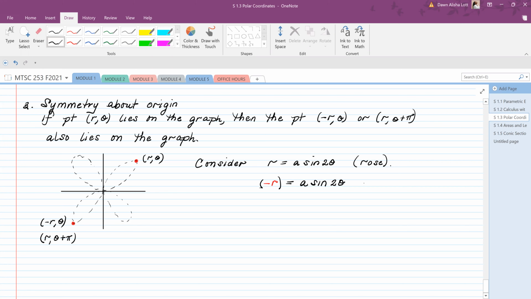So this gives me minus r is equal to a sine 2 theta, and that is not the same equation. So that's a problem.